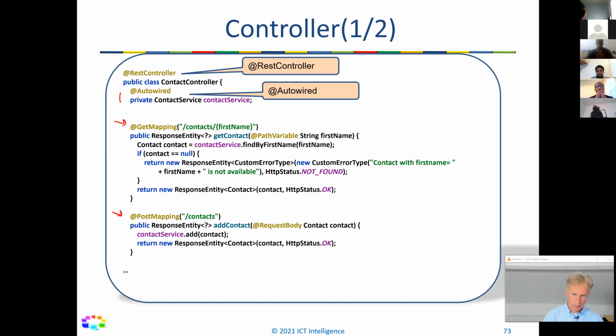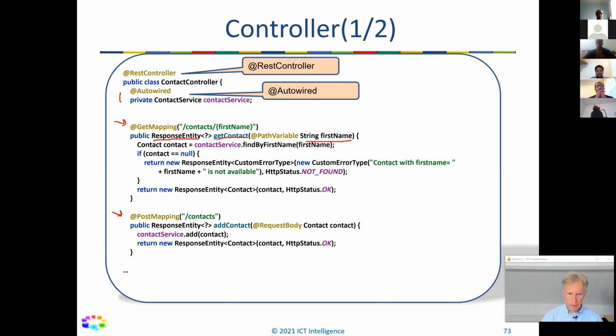Now, what do I do here? A REST controller should always return a ResponseEntity. That's a class that's already in Spring. It represents the response that you send back in your HTTP response. And what I do here, I say, give me the contacts with a certain first name.